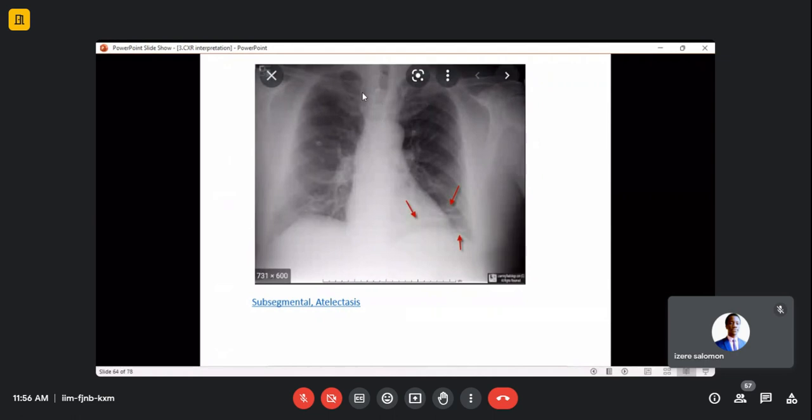These are not normal opacities. I remember I told you that when you see linear opacities like this, think of either segmental or subsegmental atelectasis. Some segments were collapsed. This is very common, and it can even be the cause of cough and pain.